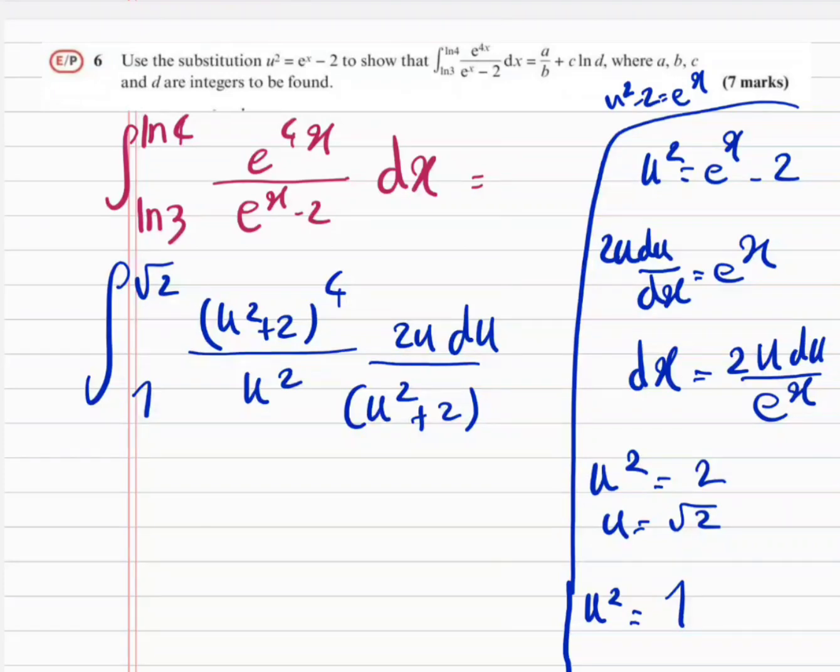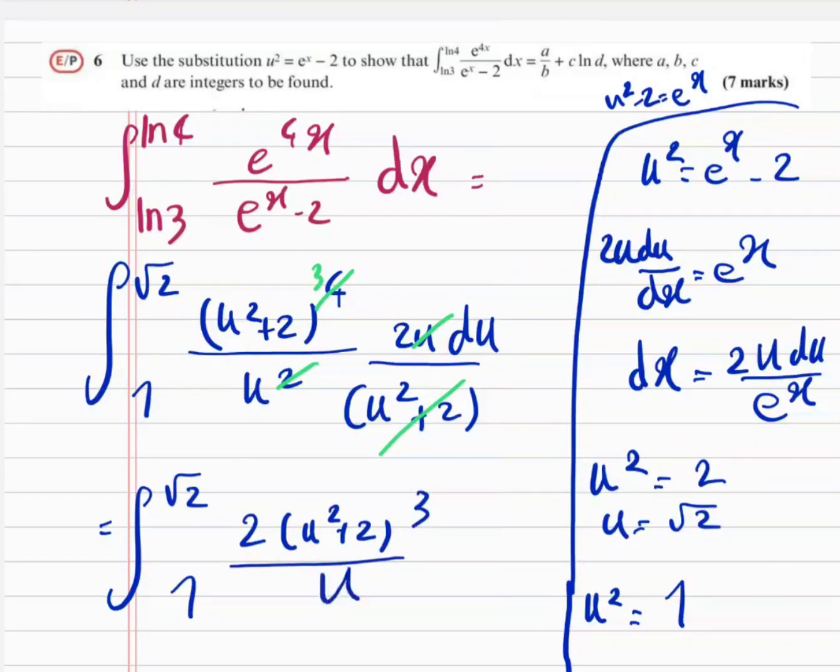Now we can simplify. We have u squared plus 2, which simplifies with this power, and the power becomes 3. Then this u simplifies with this u, and we have the integral from 1 to root 2 of 2 times u squared plus 2 cubed over u du.